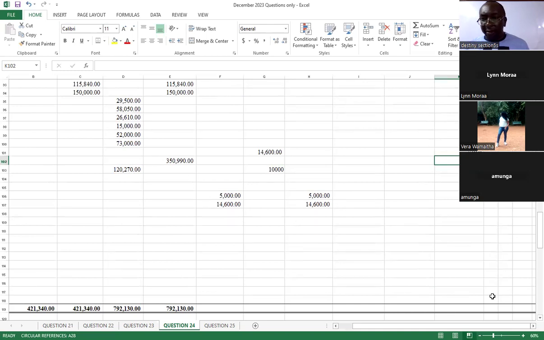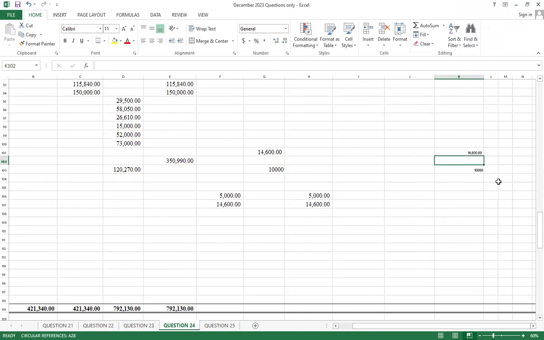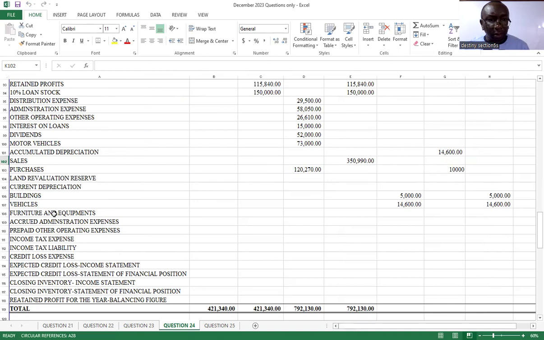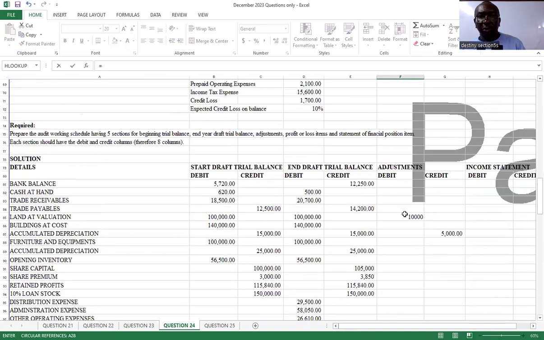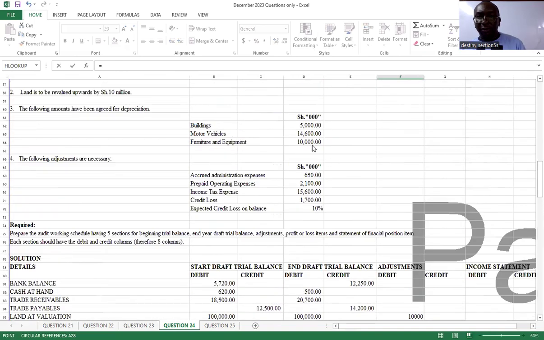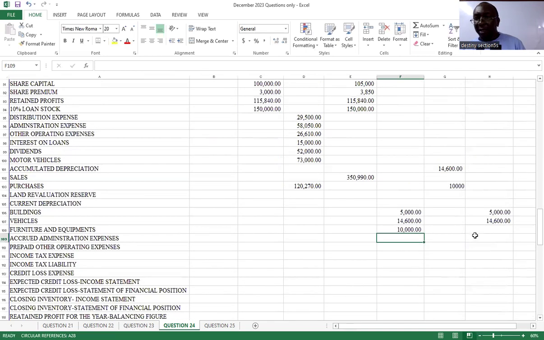So we'll come here. I think I'll have to remove this one. I'm able to see down here. So we have it here for furniture. It should be equal to this amount. So you press enter. Then we are supposed to debit it here in our income statement.